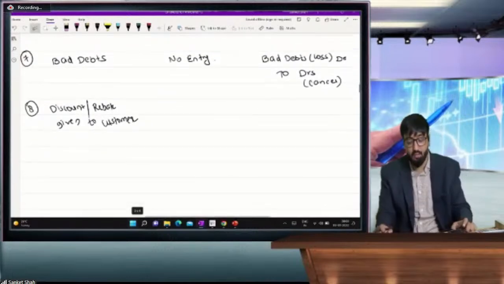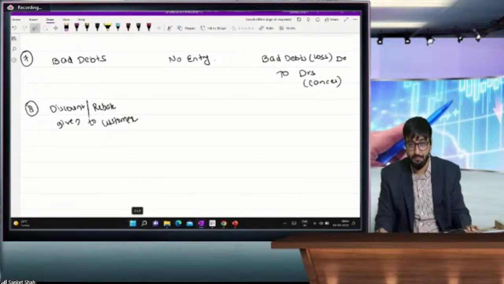Discount or rebate given to customer. I hope you are also writing in the notebook. Discount or rebate is given to customer. What is the entry, beta?